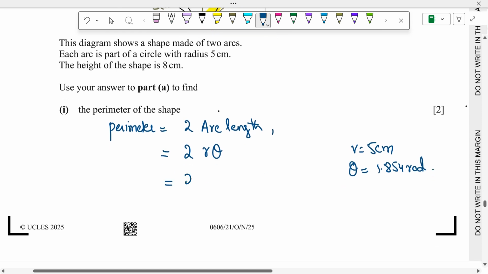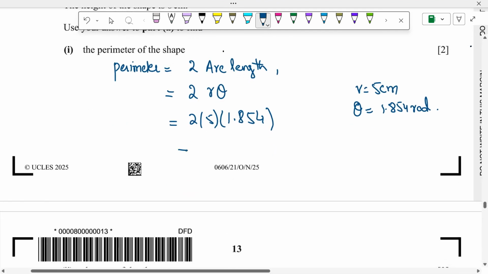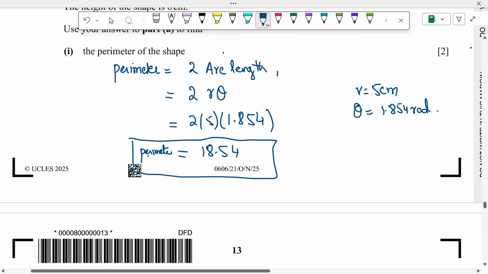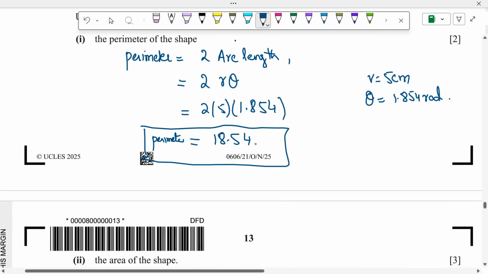So 2 times 5 times 1.854 is equal to 18.54. The perimeter is 18.5, and because the sides are in centimeters, this one is also in centimeters.